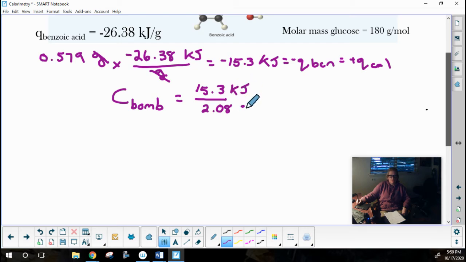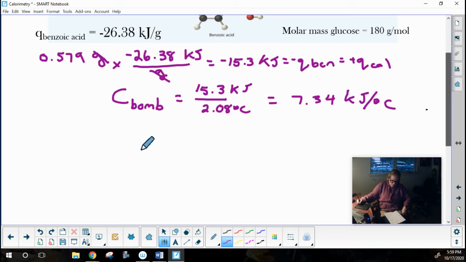So the heat capacity of the calorimeter, how much heat it can absorb, is positive 7.34, with 3 sig figs, kilojoules per degree Celsius. So that's how much heat that bomb calorimeter can absorb.